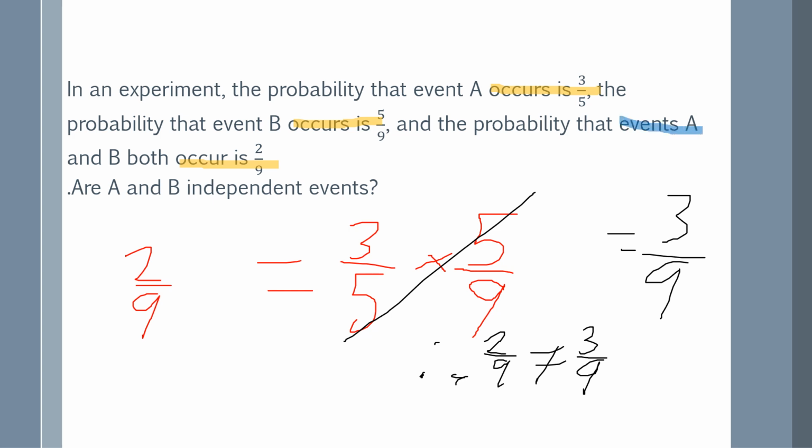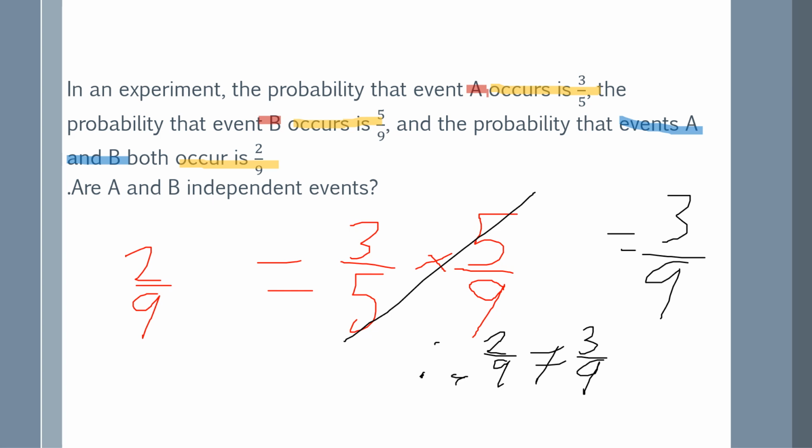So A and B equals 2/9. Now, what they're telling you is, does A times B give you A and B together? That's all they are asking you to do.